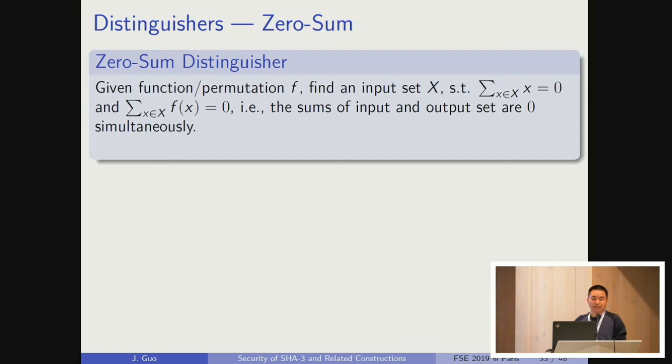For distinguishers, we are utilizing the idea of linear structures. We focus on zero-sum distinguishers. That means, given the function or permutation f, we find an input set x such that the sum of the inputs is 0, and the sum of the outputs is 0 as well.